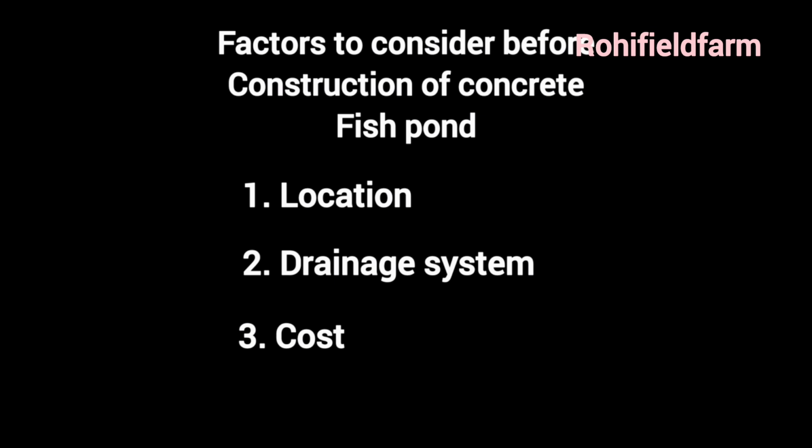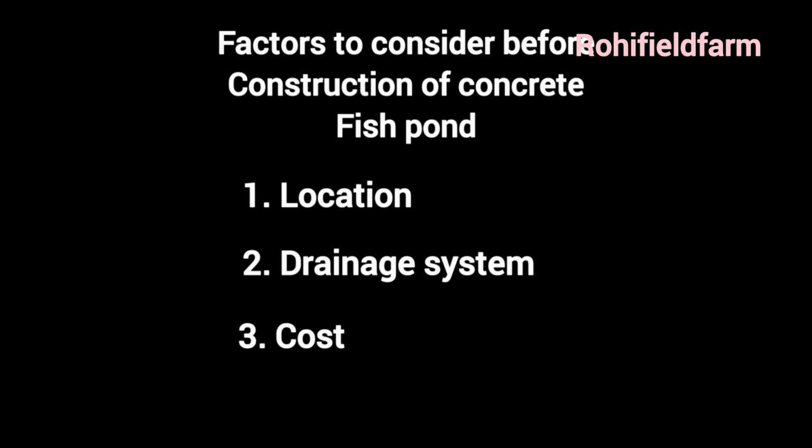If you have a landed property, it can even be constructed at the back of your house, or if you have just a small space, it can easily be constructed within that space. But one thing you need to consider in the construction is the space, because the space will determine the number of fish you can stock. If you overstock, that can result in what we call cannibalism among the fishes.